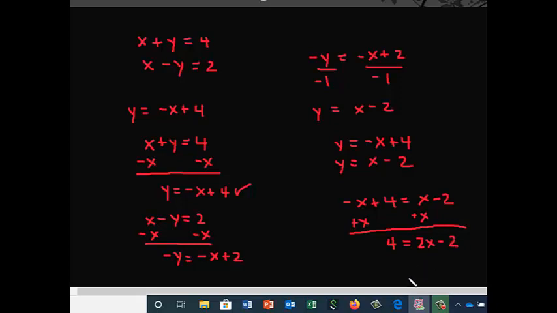So what are we going to do now? We're going to solve for x. And when we solve for x, we're going to add 2 to both sides. And look at what we get. 6 is equal to what? 2x. Everybody see that? Take a second. I'm going to have to move the screen so we can continue with this problem. Okay.